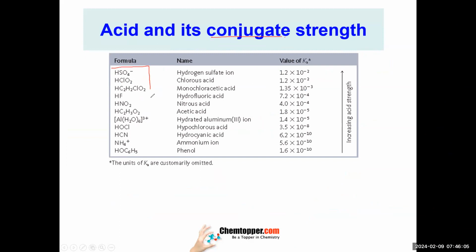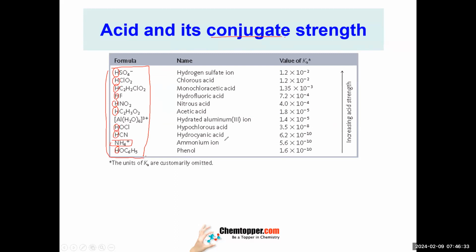These are acids, all of them? Yes or no? And how can you identify them as acids? There are two ways of identifying these as acids. One, they all are starting with hydrogen, except this one, but this is also an acid. But rest all, it's not a fixed rule.